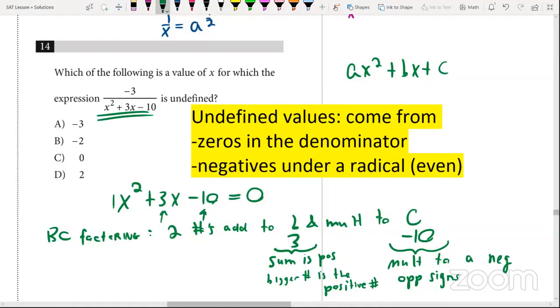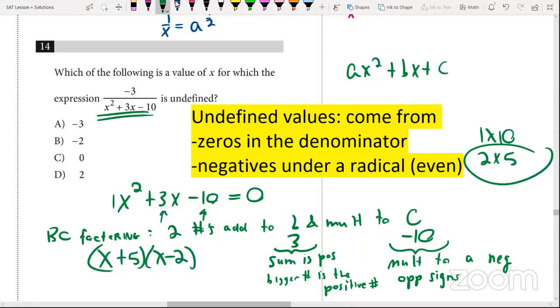So, okay, we have two numbers with opposite signs. The bigger looking one is the positive one. What are the factors of 10 anyway? 1 times 10, 2 times 5. So I need one pair of these numbers with opposite signs, and the bigger one is the positive one, and they need to add to 3 and multiply to negative 10. So that's these numbers right here. It would be 5 and negative 2. x plus 5, x minus 2 equals 0.